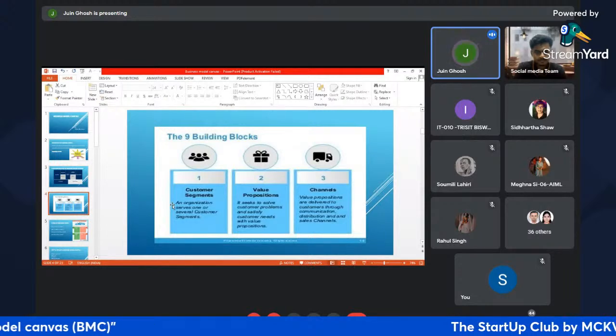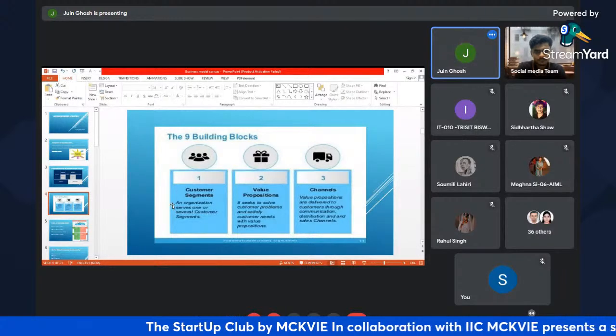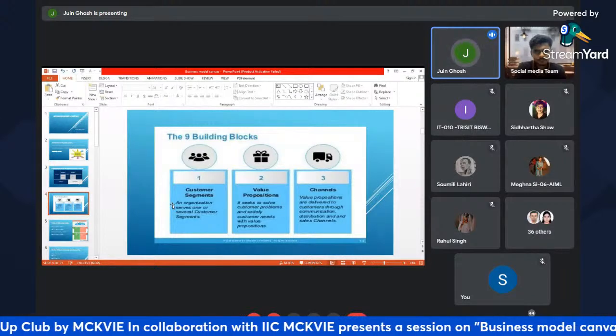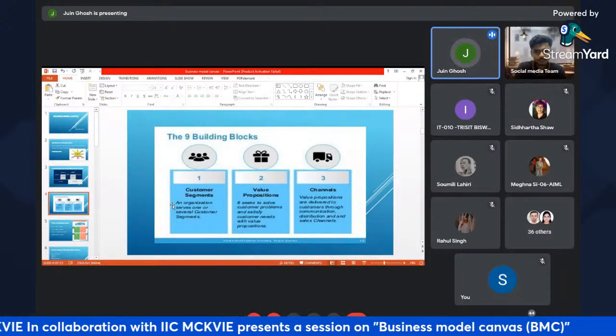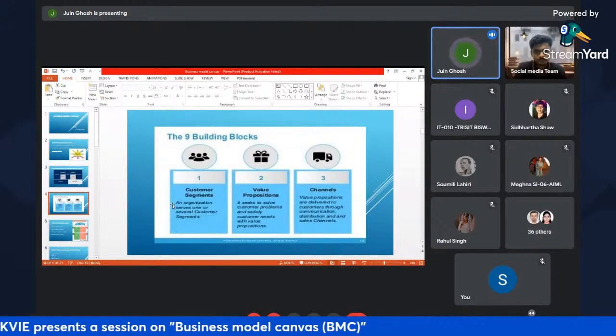Until and unless a company focuses on the customers, they cannot go for a long run. And segmentation of customers is basically categorizing, dividing the customers into various segments based on demographic parameters.